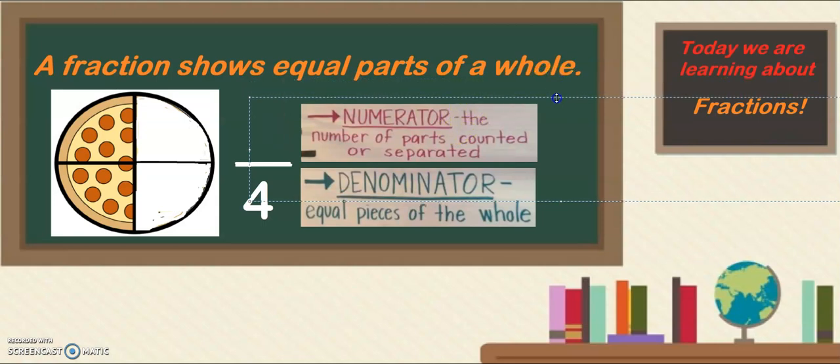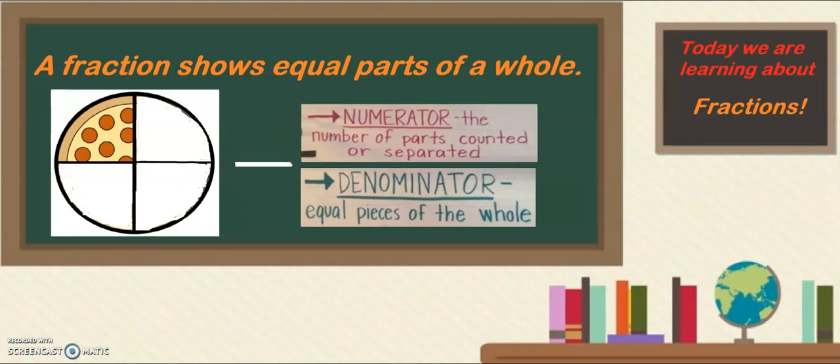So our numerator is 2. We have 2 of the 4 pieces of pizza left, or you can say half of the pizza is left. So this could be represented as 2 out of 4, or 2/4, or half. So we could also write it this way. But don't worry if you don't get that right away.